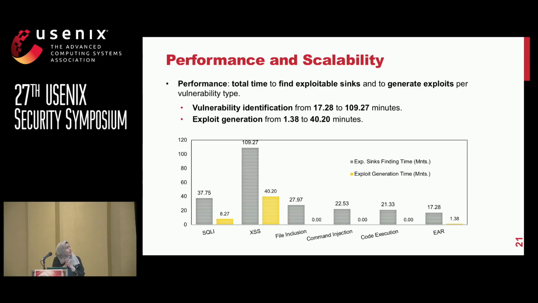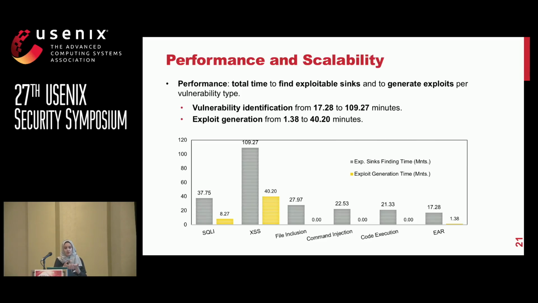And we've measured the performance of NAVEX by calculating the total time to find all those vulnerabilities and to generate exploits. The vulnerability identification time ranges from 17 to 109 minutes, and the exploit generation time ranges from 1 minute to 40 minutes.